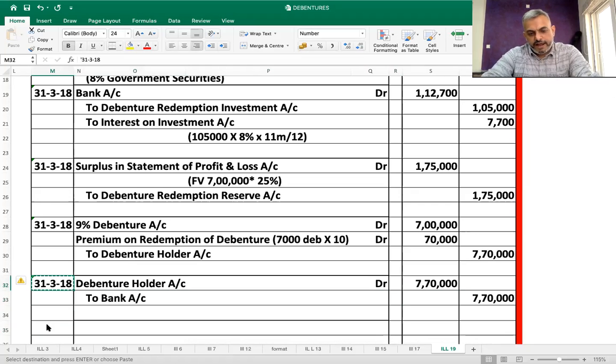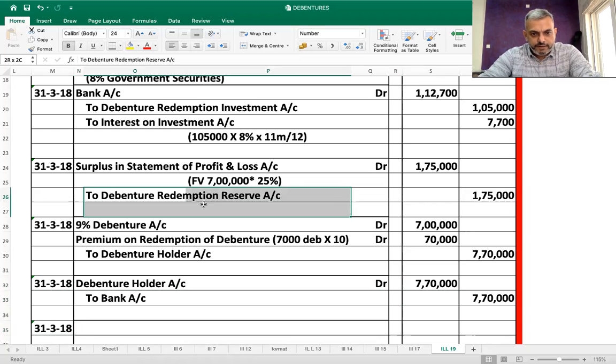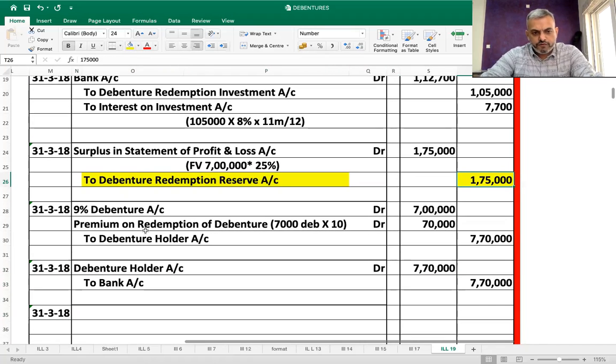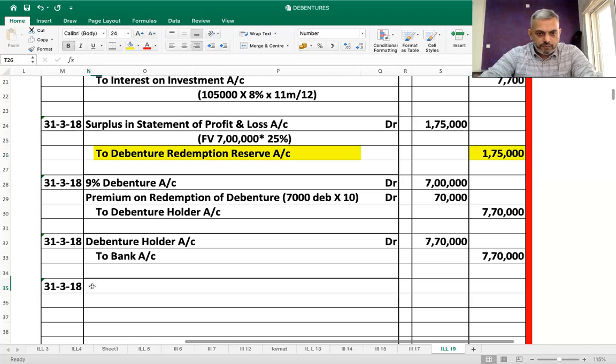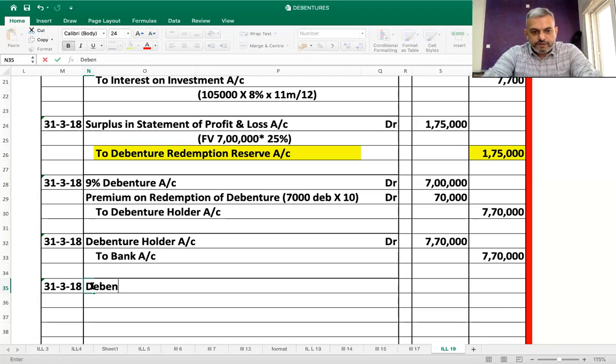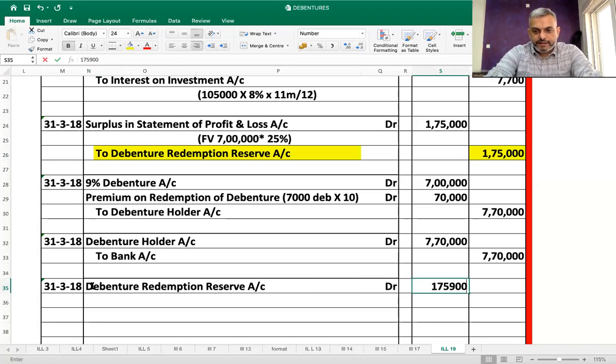And then finally, after we have paid this amount, the debenture redemption reserve account 1,75,000 we have to transfer to general reserve. So debenture redemption reserve account debit 1,75,000 to general reserve account.